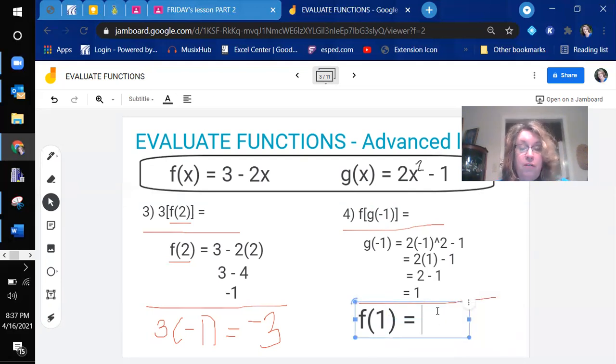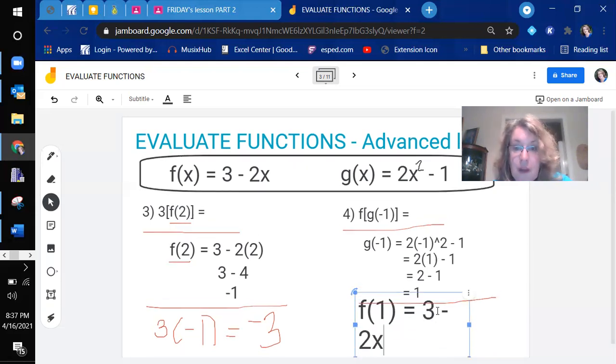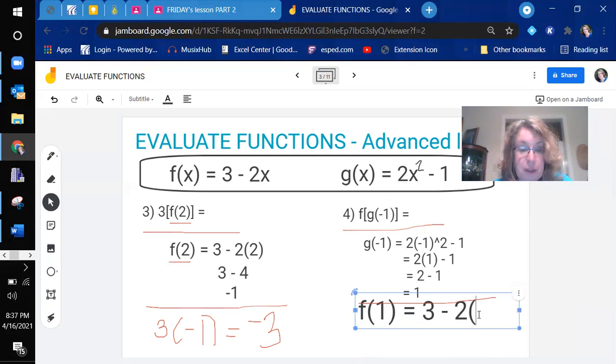So the function of f is 3 minus 2x. But instead of the x, the x comes out, and I'm going to put in the number that we've said, which is 1. So the 1 goes in where the x was.